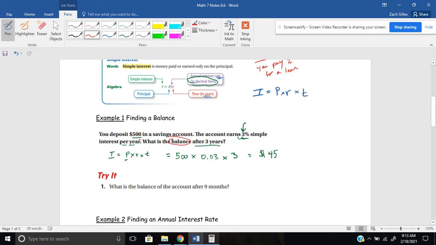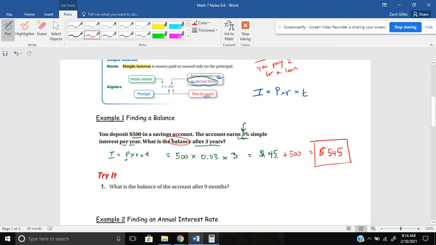If I put in $500 to start with and I made $45 interest, I would add those two together to come up with a total of $545 after 3 years as my balance. So you can kind of see that opening up a savings account or any type of account with the bank that earns you interest is a great idea, because you made $45 after 3 years for essentially doing nothing.